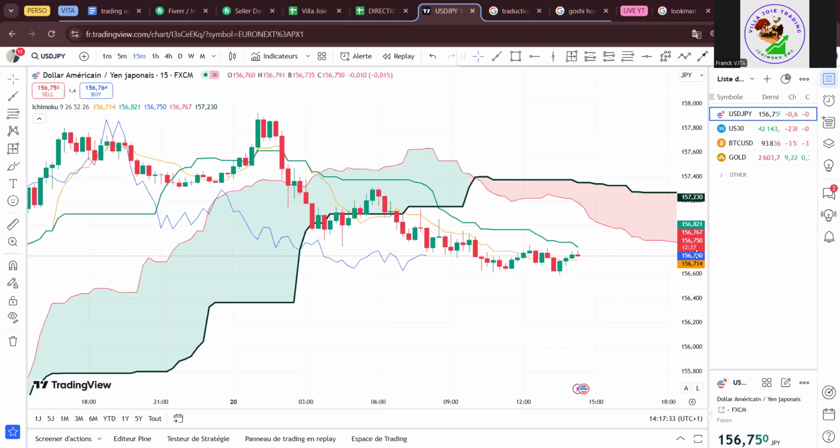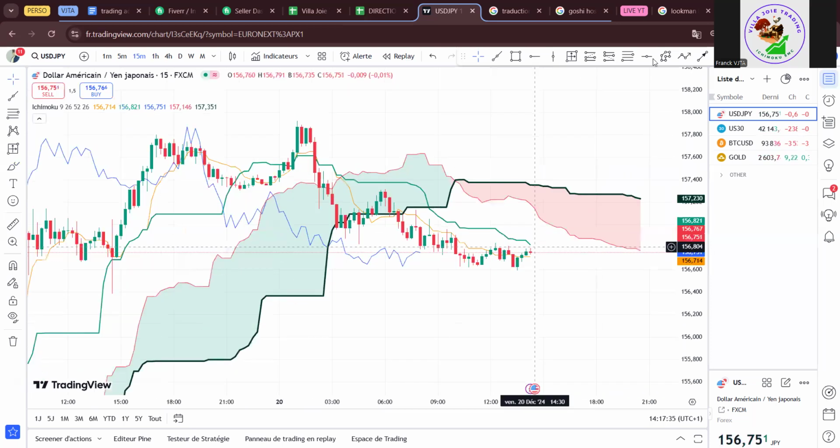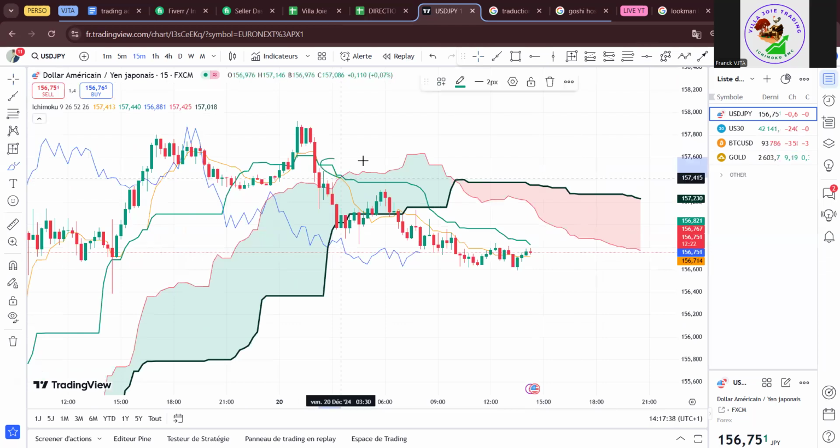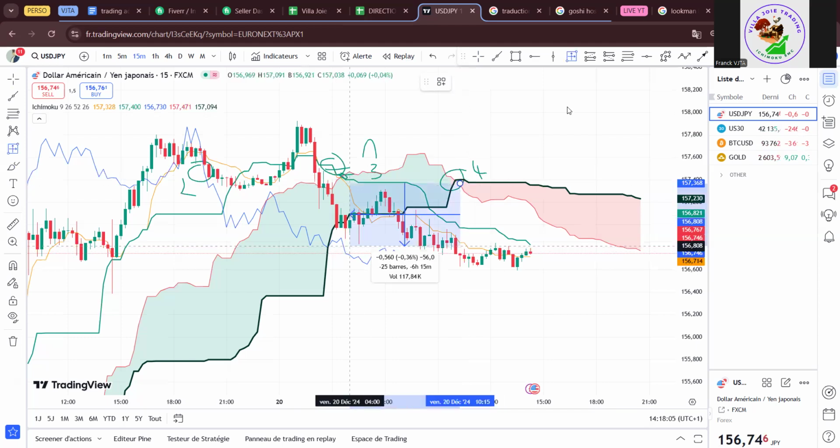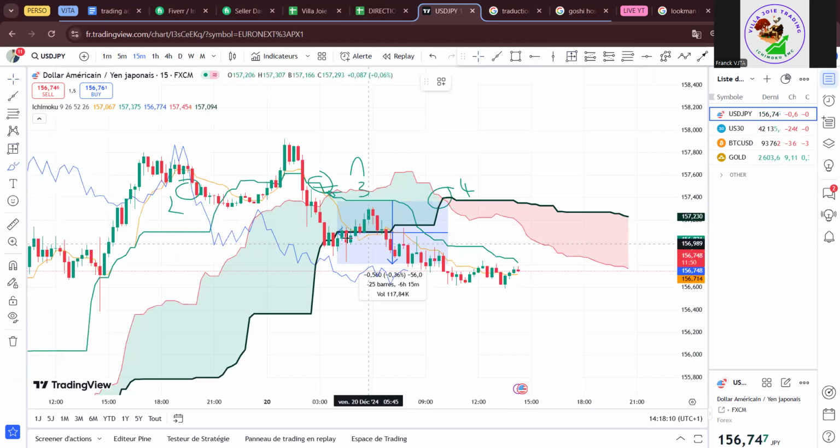So let us do 15 minutes. For 15 minutes, the TK cross to the downside is validated. Chikou is out of the cloud, validated. The third one, Kijun is below the TK cross level, validated. The cloud is as expected, validated. So now I just need to look at the candle 25 bars behind, and I'll realize that this is the candle that gets out.